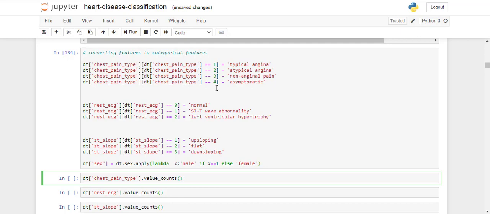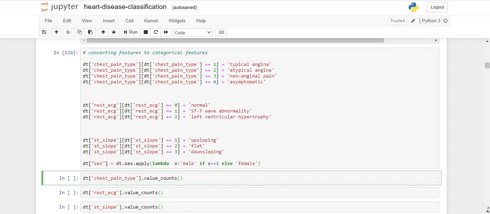So it depends on the distribution, the count, how many records are there for such categories. If they are more, then we should keep them as a separate category, like others, or treat 5 separately. But if they are very few, then we should ignore those rows which have such values. Because if you don't know the description, you cannot interpret the meaning.